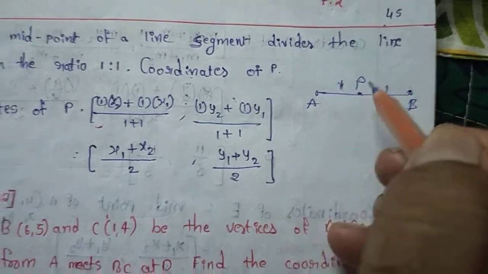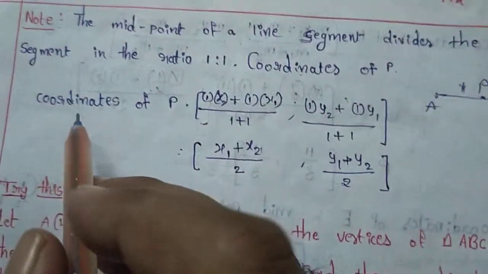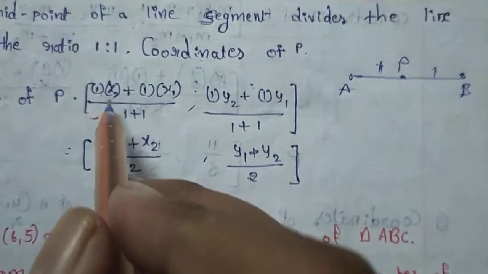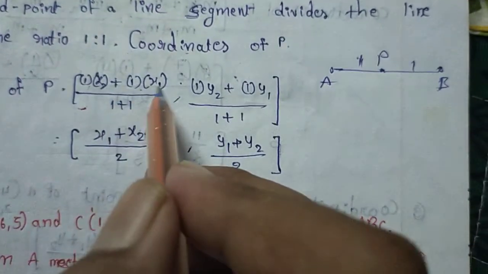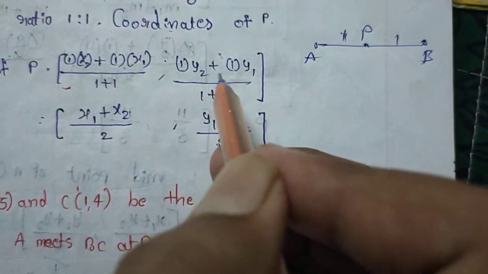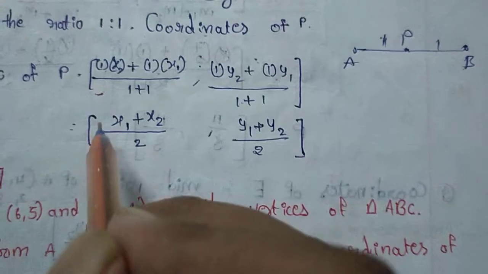How is this possible? See. The coordinates of P equal the section formula: (m1 x2 plus m2 x1) by (m1 plus m2), (m1 y2 plus m2 y1) by (m1 plus m2).